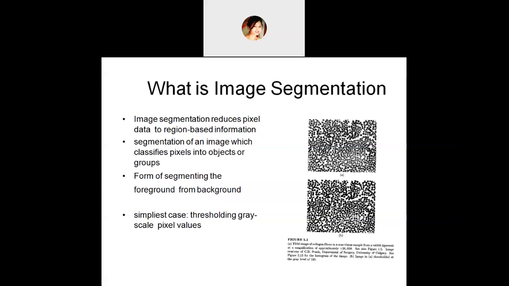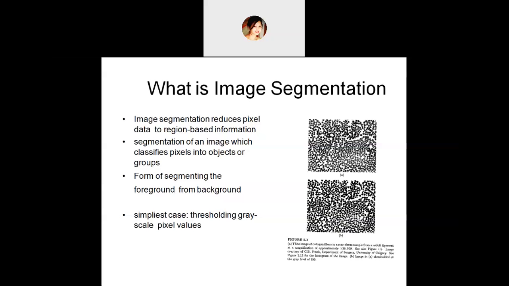Then segmentation of an image classifies pixels into objects or groups. It is a form of segmenting the foreground from the background. We talk about two parts, one is foreground, one is background, and segmentation separates the foreground from the background.